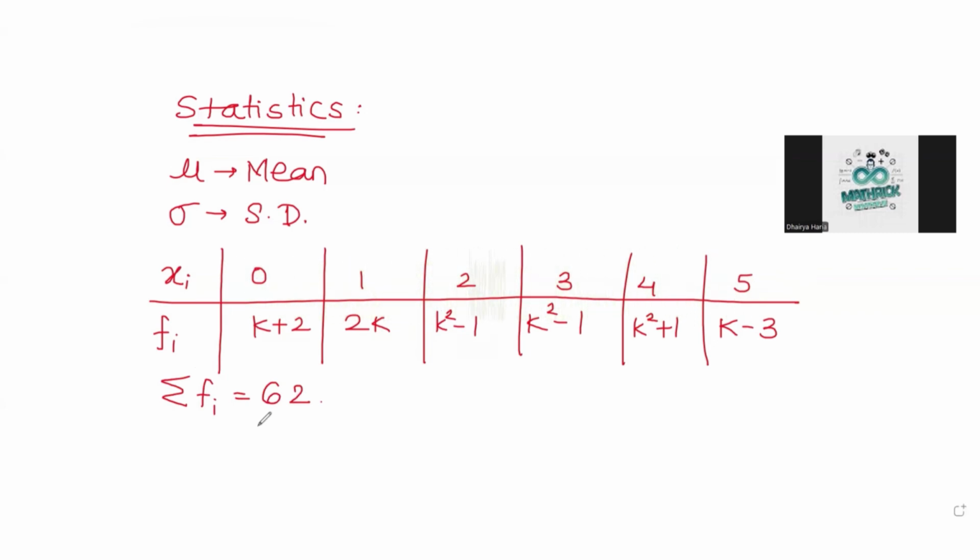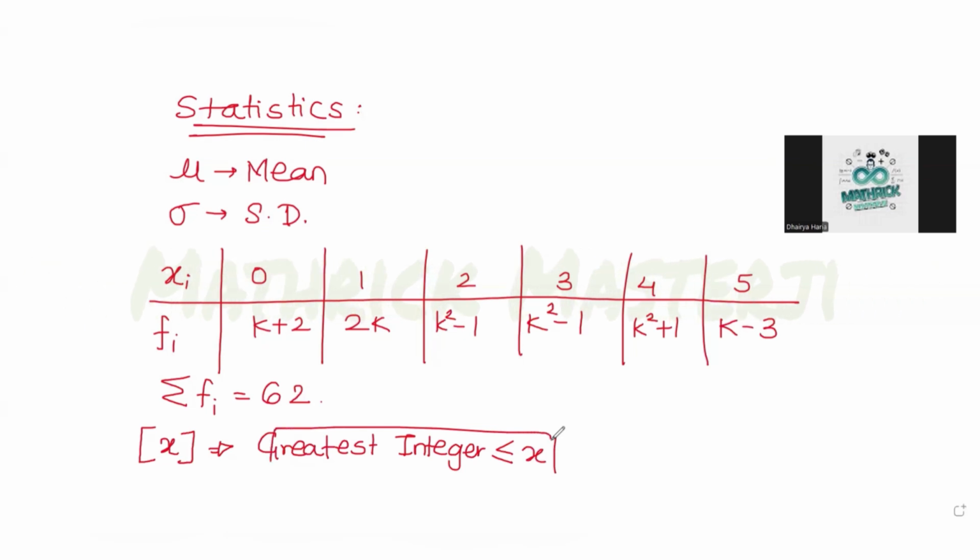The question is asking: if square bracket x denotes the greatest integer function, which basically means the greatest integer which is less than or equal to x, then we have to figure out the value of the expression mu square plus sigma square.